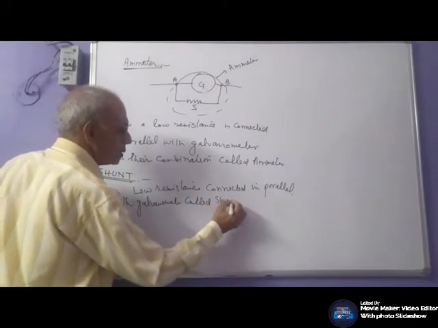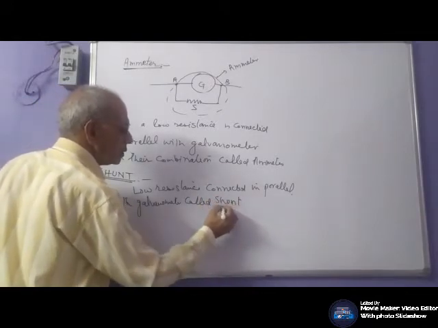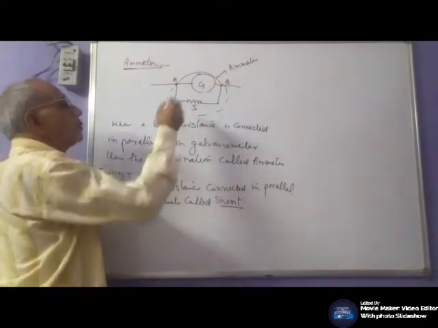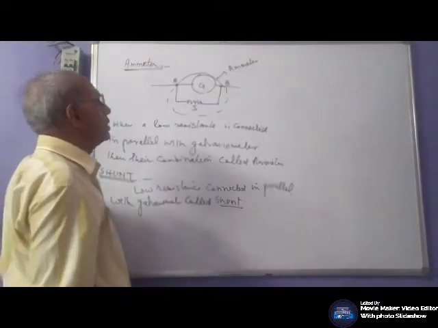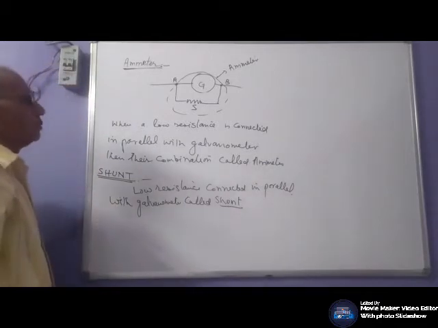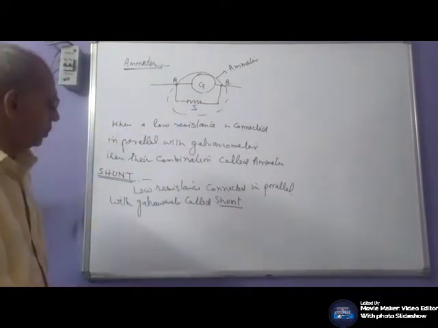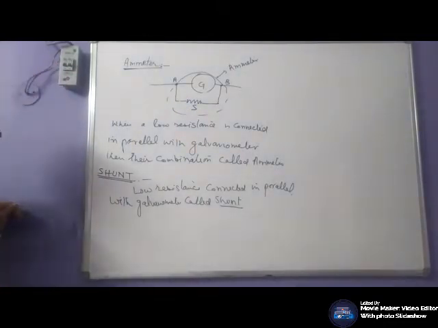Shunt. So what does the shunt do? It protects the galvanometer from damage, because of the low resistance, the maximum current passes through the shunt.